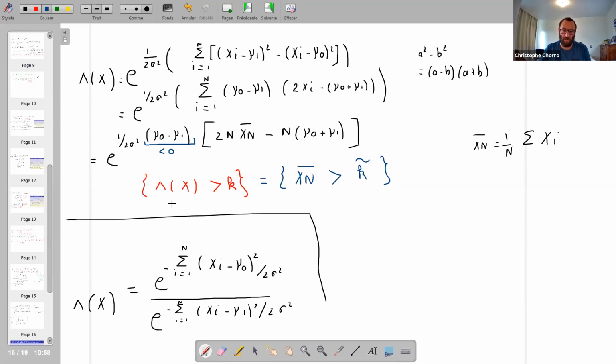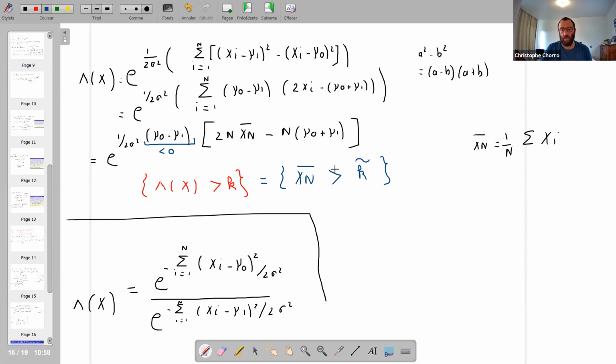So my test is built on this set where delta of capital X is strictly greater than k, which is equivalent to this one.